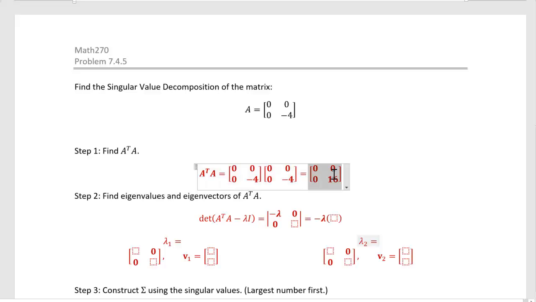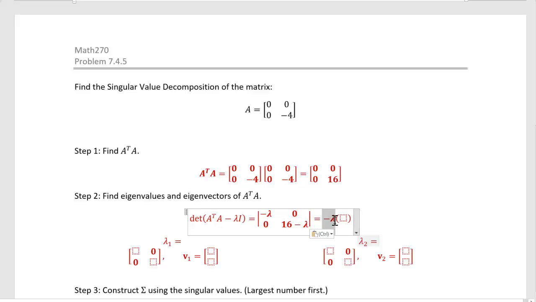So here is the symmetric matrix that we're going to work with, where we need to find the eigenvalues and eigenvectors. To find the eigenvalues, we take the matrix minus lambda times I. So it's going to be negative lambda in the first slot, 0 and 0, and then in the other diagonal 16 minus lambda.